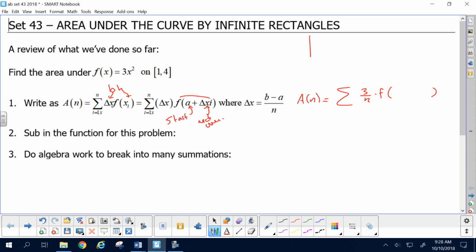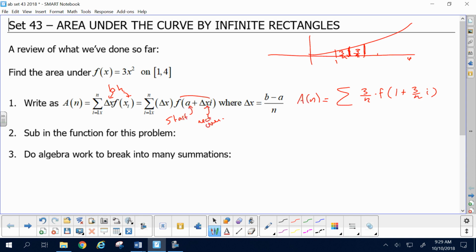The height, remember, comes from, I just told you we're not going to use a picture, but just to make sure we're clear, the height comes from starting at 1 and going over 1 delta x and drawing the height, or 2 delta x and drawing the height. So the height is always f starting at 1 and going some number of 3 over n's over, whether it be 1 3 over n over, or 2 3 over n's over, or i 3 over n's over.